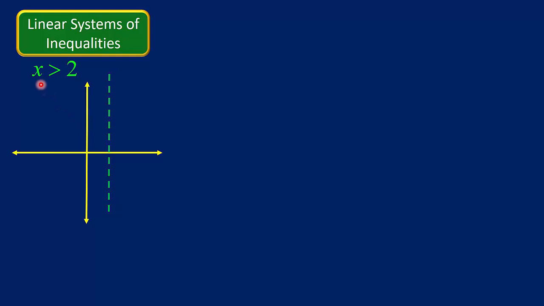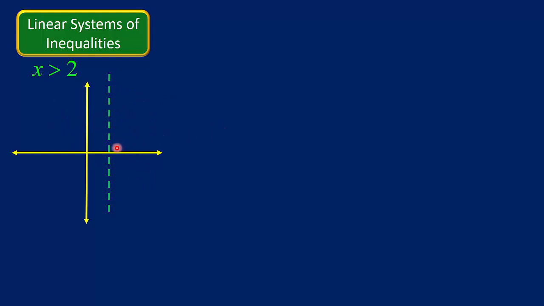Now, when we talk about sketching this region right here, we're saying I want all the ordered pairs where x is bigger than 2, strictly bigger than 2. So what I do is I put a little broken line here where x is equal to 2, and I'm going to shade all the ordered pairs. Now I have a choice. I could shade to the left or to the right.